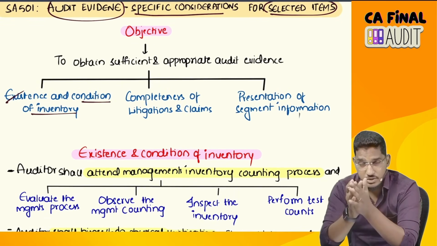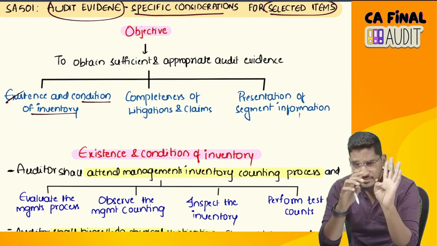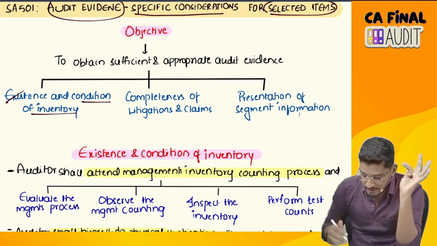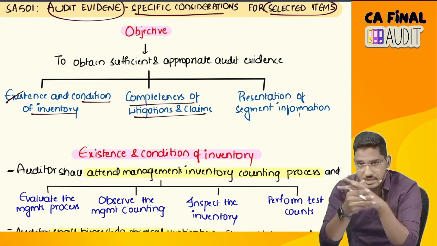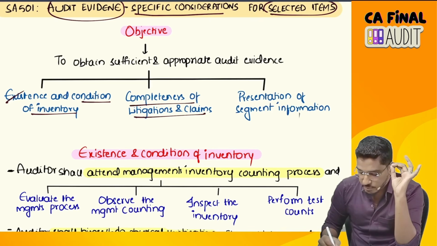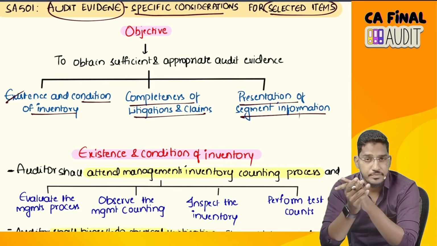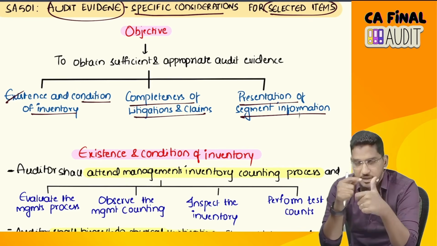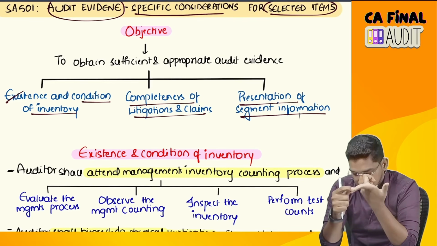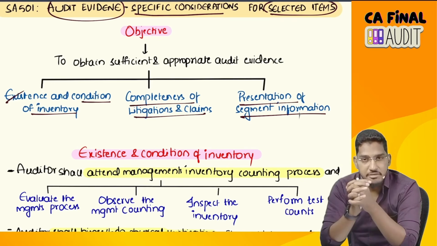Number 2, how to obtain audit evidence regarding completeness of litigations and claims. Number 3, how to obtain sufficient and appropriate audit evidence regarding presentation of segment information.